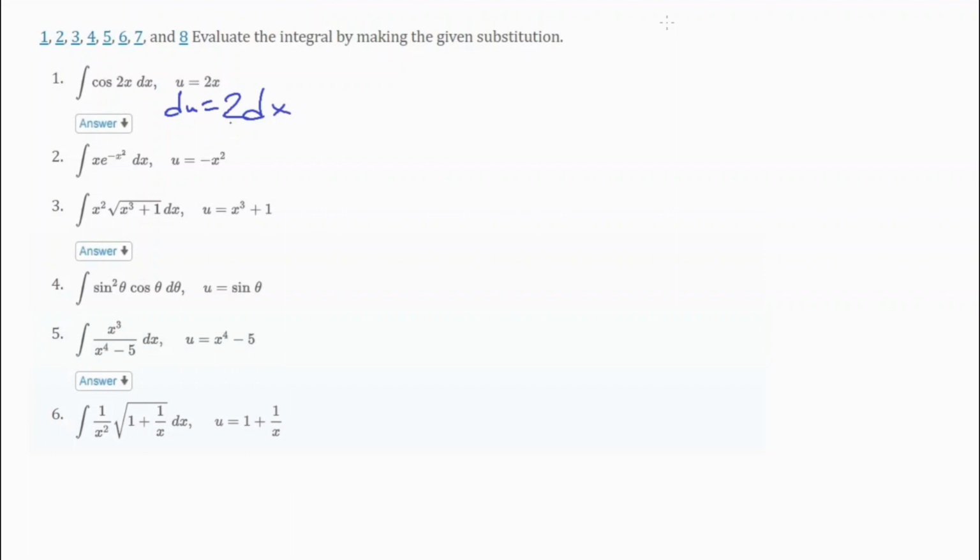So if we find the answer in terms of dx, we're going to have dx is equal to du over 2. It's a little bit scuffed there, but now what we need to do is rewrite the equation and plug in u and plug in dx. So we're going to have the integral of cosine u, and then that's multiplied by du over 2.